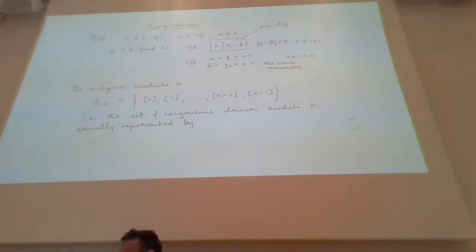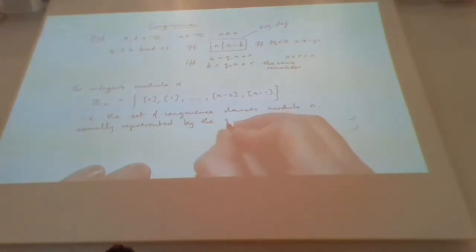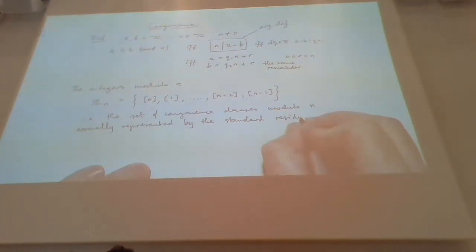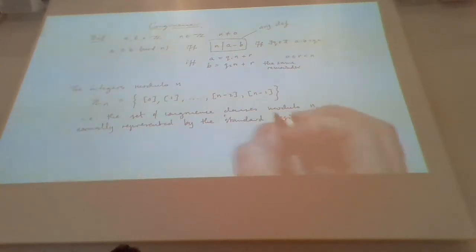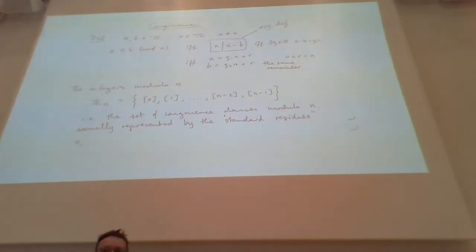by, and there's various terminology used for these, the standard residues or the standard representatives. Residue, something that's left behind after something. So these are the residues after division by n. The small remainders you can't get rid of.